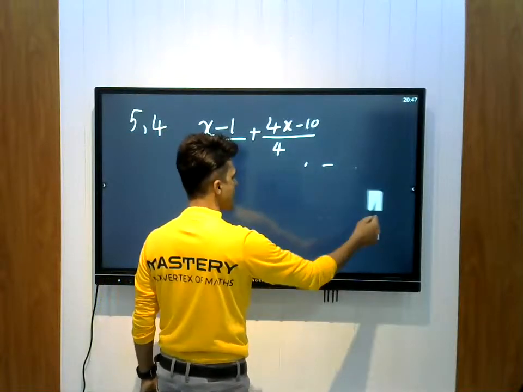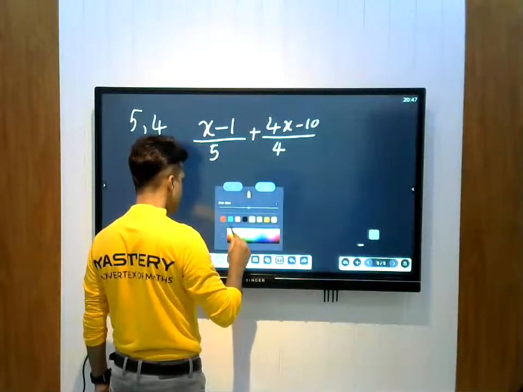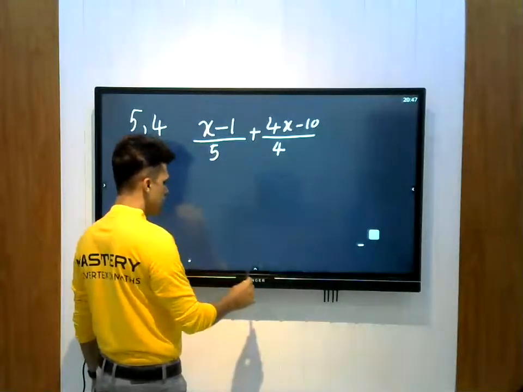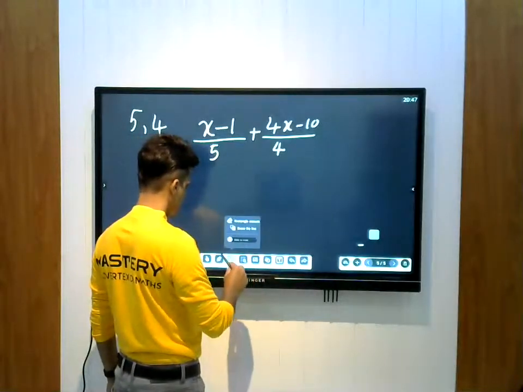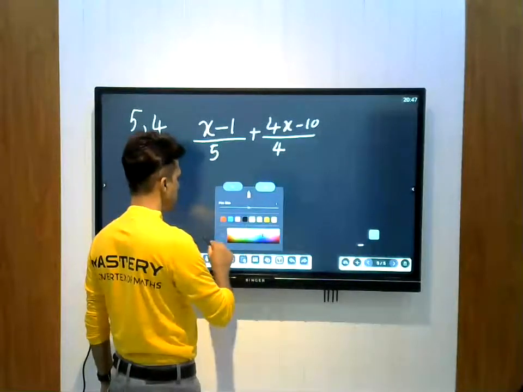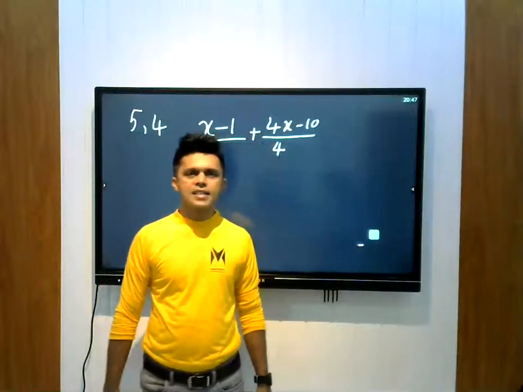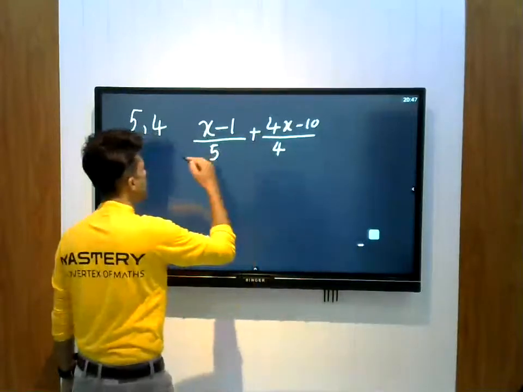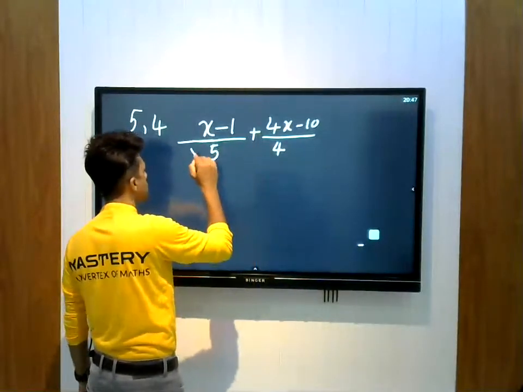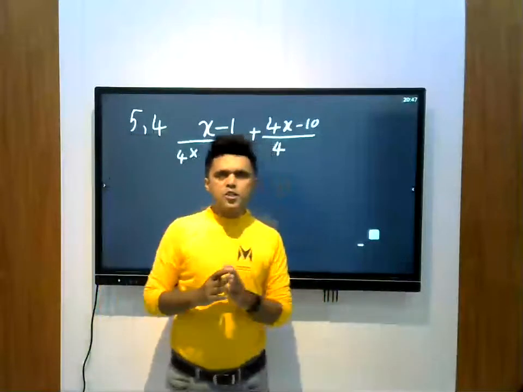So that you can take LCM 20, you can multiply these fractions. How can you multiply these fractions so that you can get 20? Here, this side can be multiplied by 4. Why did I do that? So as to get 20.